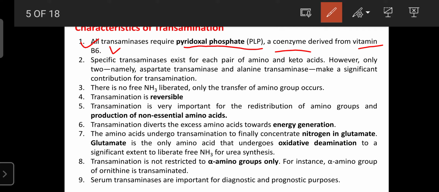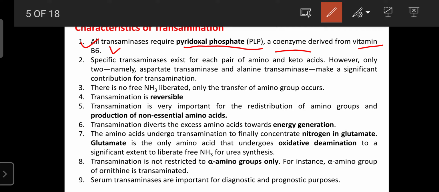So that's why the transamination reaction is helpful for catabolism of amino acids as well as the synthesis of new non-essential amino acids. The enzymes involved in transamination depend on the presence of coenzymes like pyridoxal phosphate. Pyridoxal phosphate comes from vitamin B6, and vitamin B6 cannot be synthesized in our body; it is obtained from food.